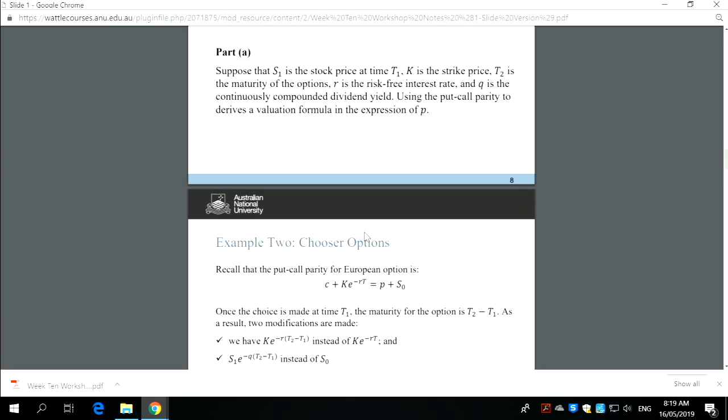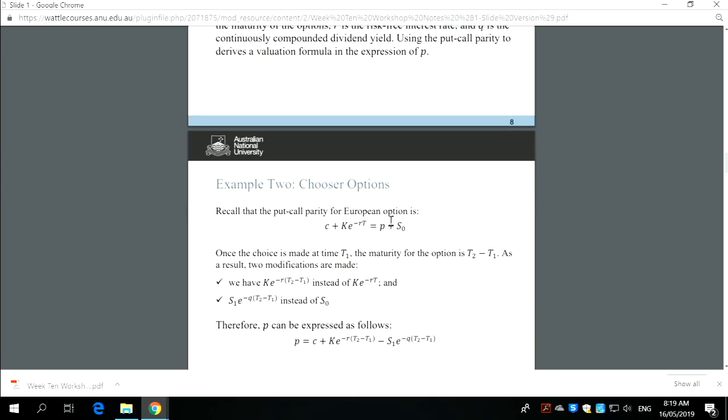However, we're dealing with the chooser option here, so we need to make some modifications to that expression. First of all, we need to replace all of the T with the maturity of the option. As I mentioned before, the maturity for the option is really the difference between T2 and T1. Before T1, the chooser option doesn't have a nature; it is neither call nor put.